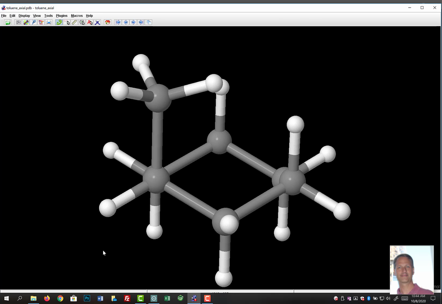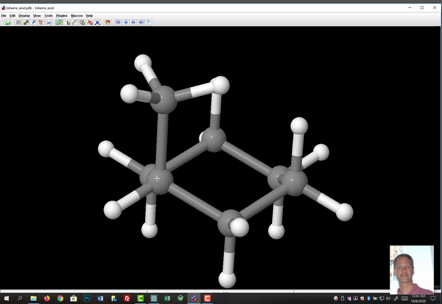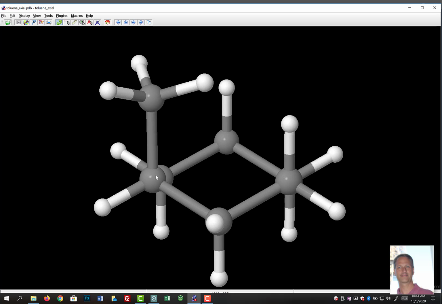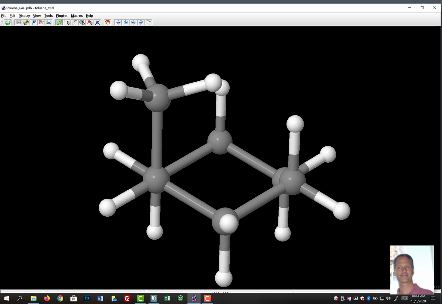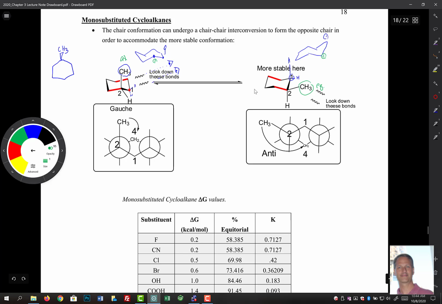And remember, when you see something like this, the first thing to do is not panic. What I always tell students is start off with a circle and a dot. Circle's behind, dot is in front. I've given you a template here, but if you didn't have one, you'd start off by doing this. If we just look at this gauche one, here's a circle, a dot, here's another circle, and a dot.